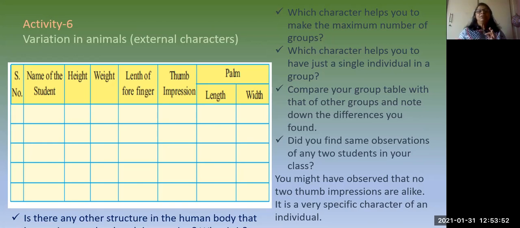That's why, when a crime or theft happens, or even when you go to another country, they take the thumb impression, even the impressions of all five fingers, because the impressions are not at all similar to another person's. It is a specific character for that particular person. So it is very important.